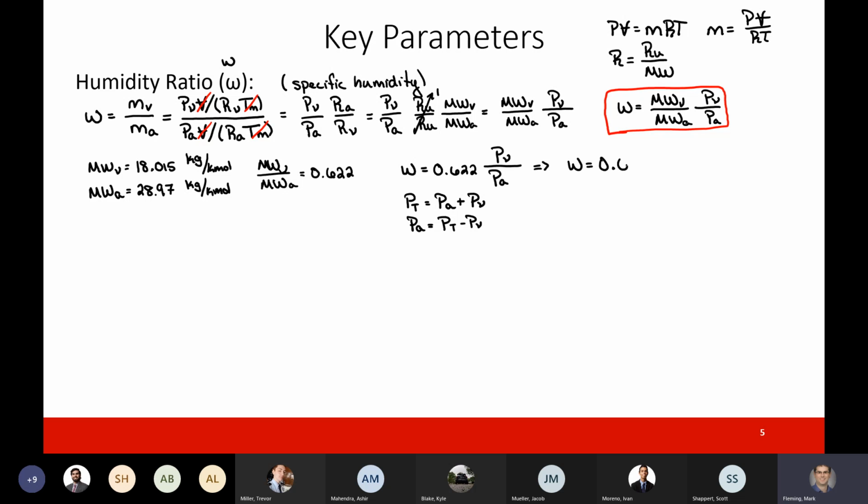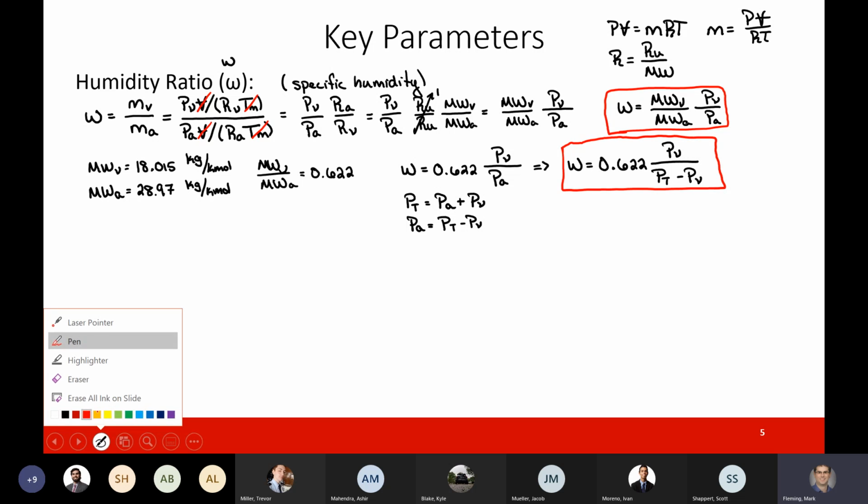The humidity ratio is equal to 0.622 times the partial pressure of the vapor over the total pressure of the mixture minus the partial pressure of the vapor. This will be the most common form that you will need to use on homeworks and exams. So this is the equation that you will need to know.